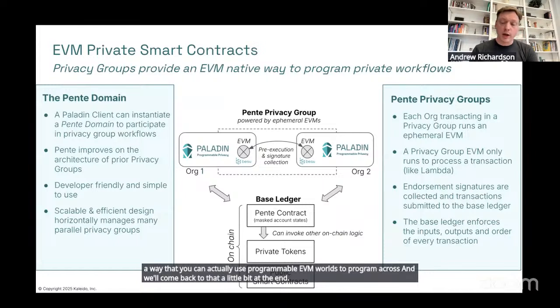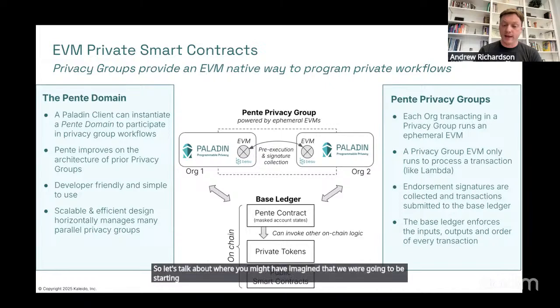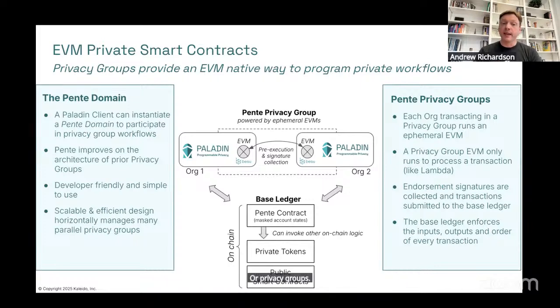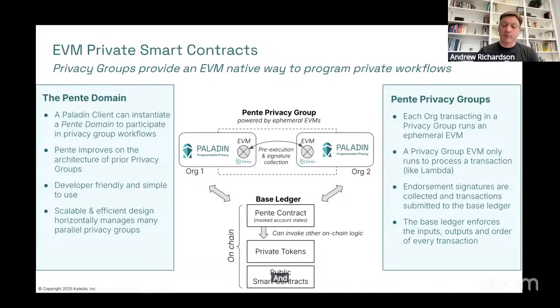So let's talk about where you might have imagined we were going to start with an EVM privacy technology, and that is EVM private smart contracts, or privacy groups. The implementation of this provided with Paladin is called Pente, and it is a privacy-preserving smart contract, just like everything else in Paladin.